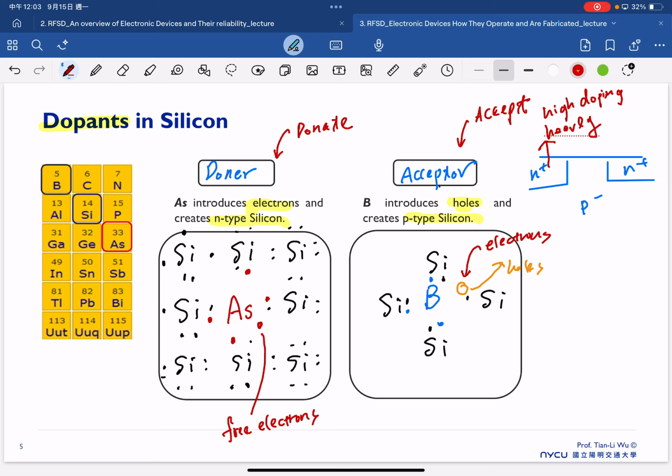In contrast to heavily doping, this minus we don't call low doping, we just call it lightly doping. So if you look at the Mandarin textbook, they call this 重掺杂, 轻掺杂. In any case, it just describes high doping and low doping, but we don't use high and low, we use the terms heavily doping and lightly doping.